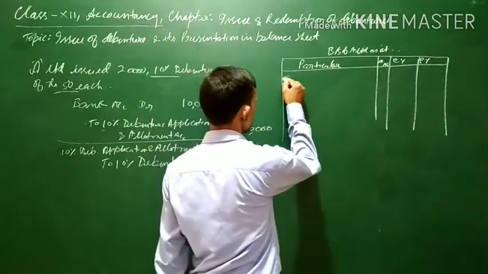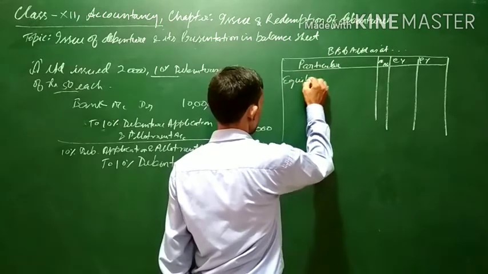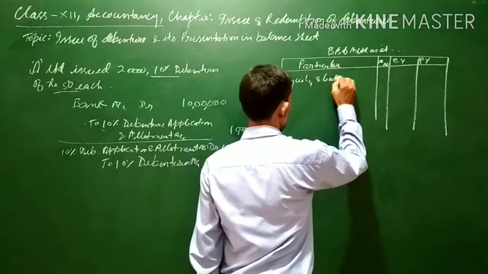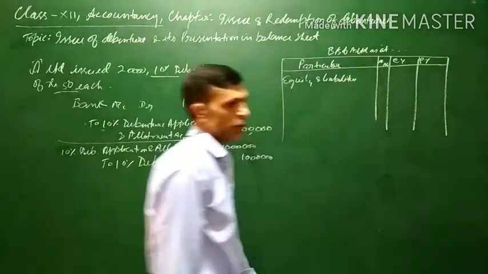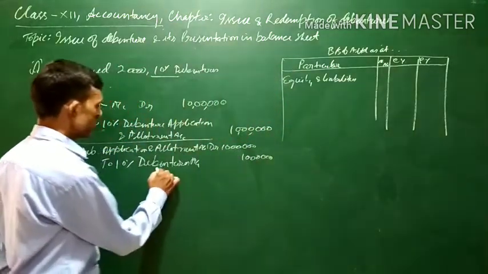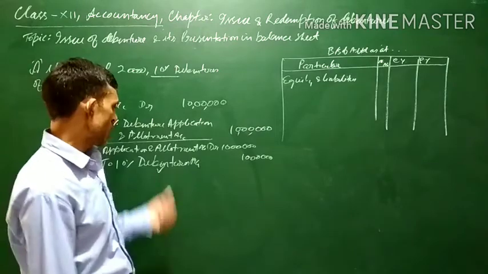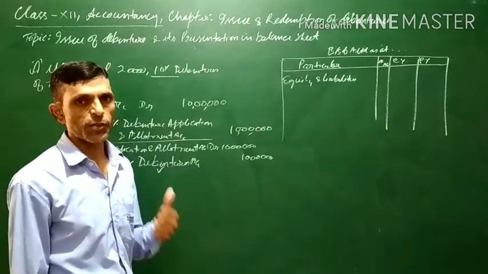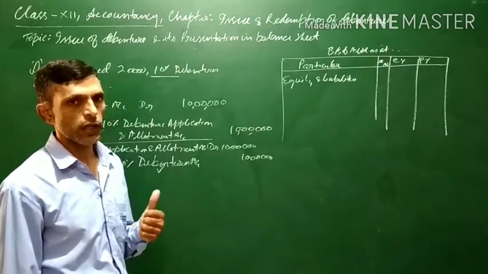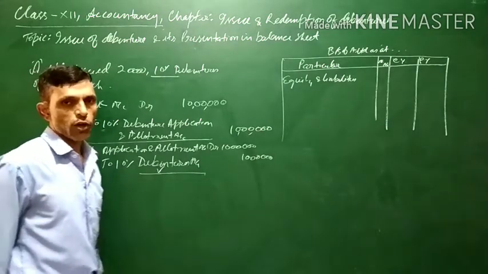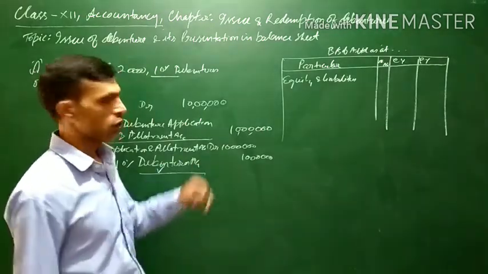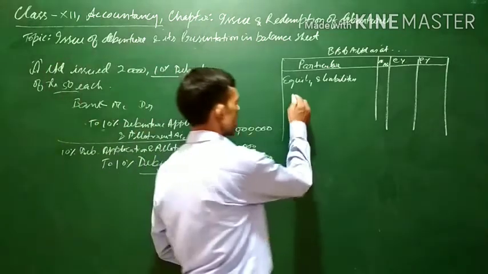Then, very first, equity and liabilities. Under equity and liabilities, now this debenture represents borrowing. As we know, debenture represents borrowing, and moreover debentures are generally considered as long-term borrowing, so it will come under non-current liability. It is not a current liability.